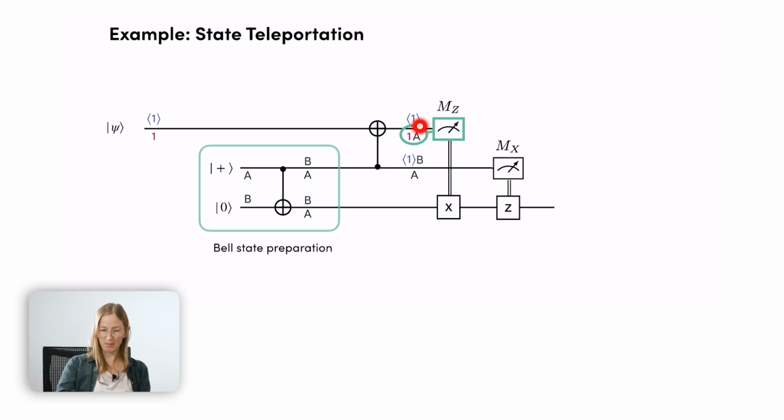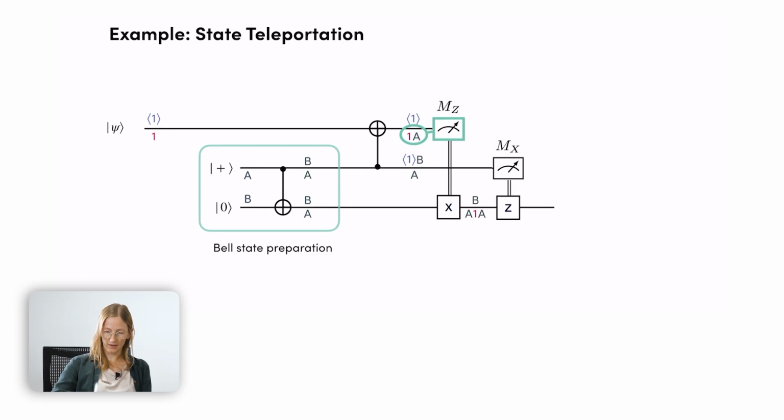But what we see is we measure in the Z basis. So we measure the value of this variable, which is the Z1 value, relative to this completely random value A. So all I get is what's the state of qubit 1 relative to the state of a completely random unknown quantum state. So this actually doesn't give me any information, at least no useful information about the state that I want to teleport. So let's go on.